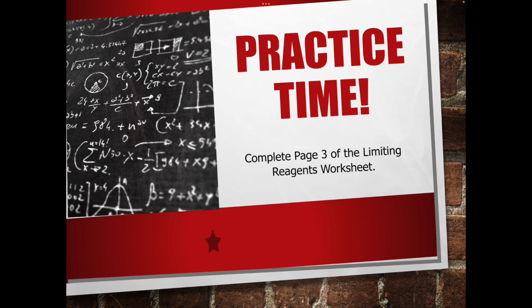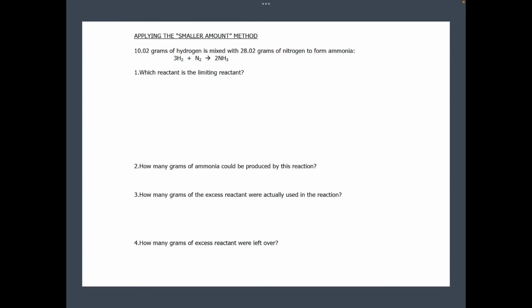Back to that worksheet we were working on earlier, we're going to keep going. Here is a problem similar to the one that we were just doing. If we have 10.02 grams of hydrogen and we mix it with 28.02 grams of nitrogen and we're forming ammonia, which reactant is the limiting reagent?